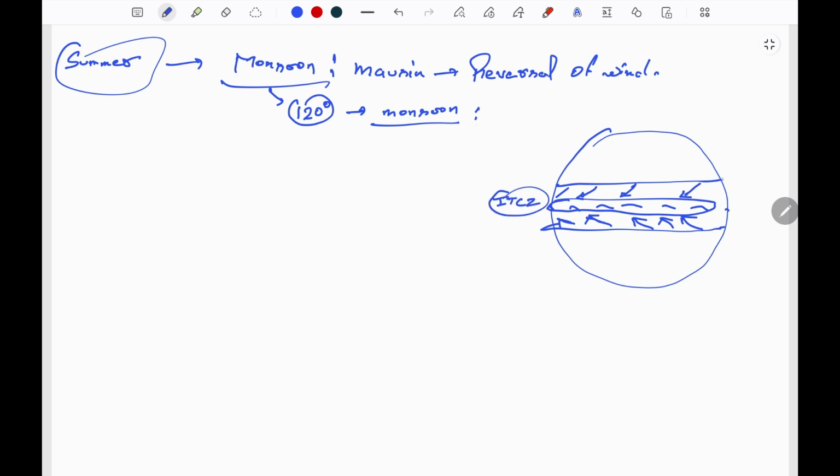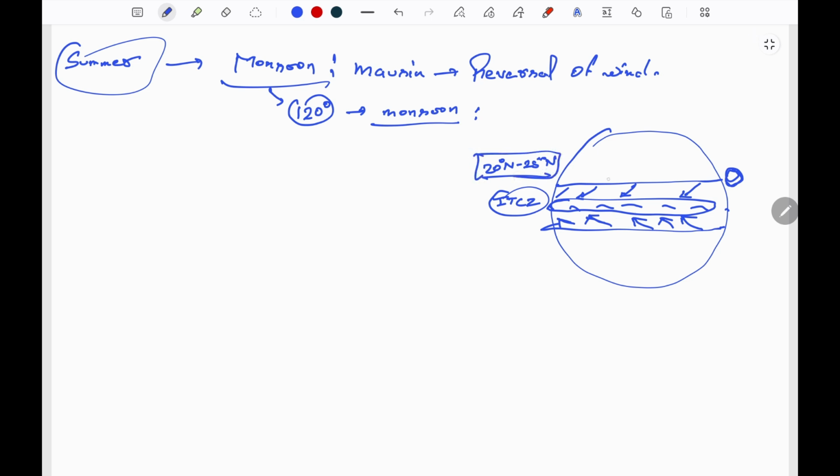Now, in the summer season, as the sun shifts to the Tropic of Cancer in the northern hemisphere, the position of this ITCZ also shifts northward, which is also roughly parallel to the Himalayas. It shifts to around 20-degree north to 25-degree north.